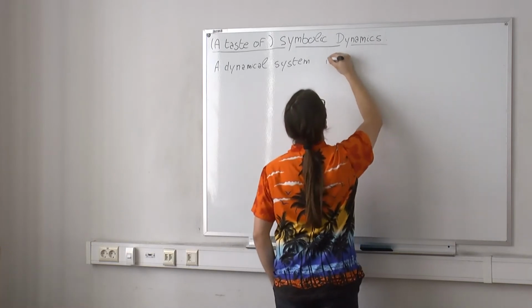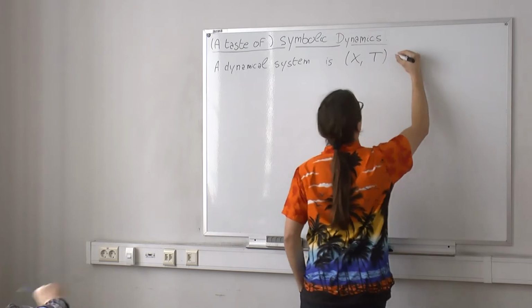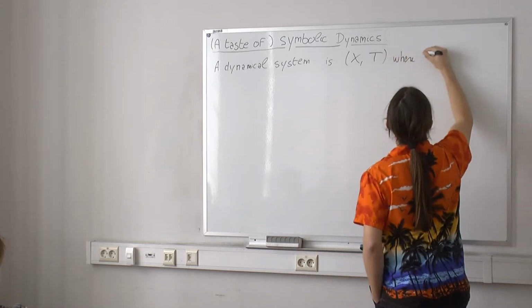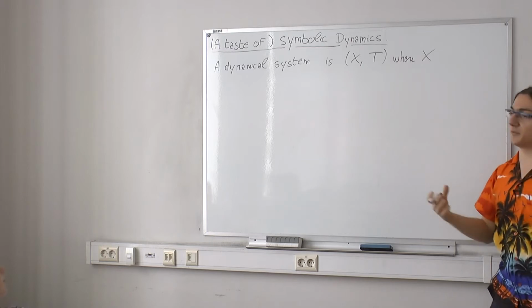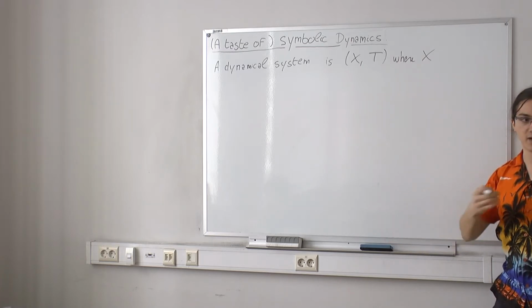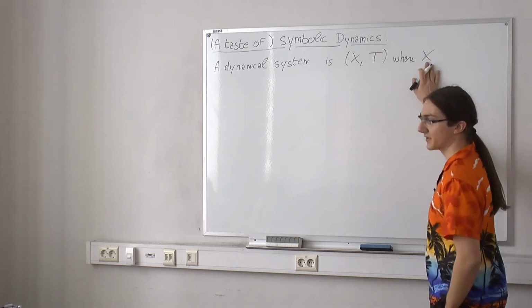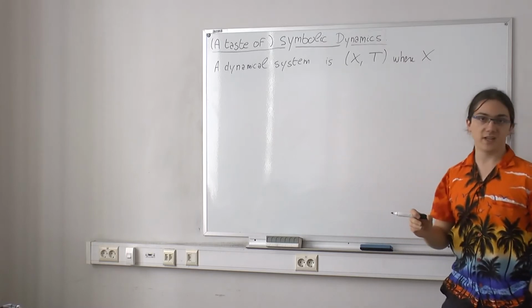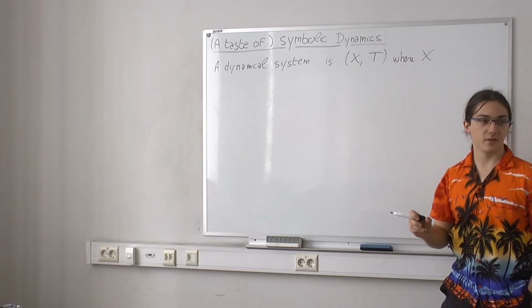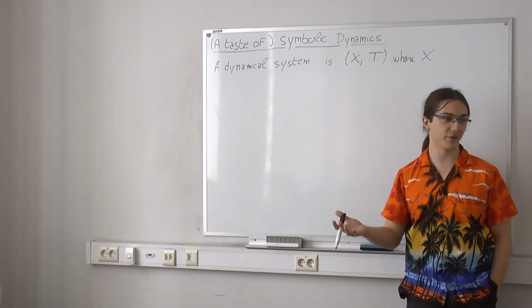Here it's a couple (X, T), where X is a set. Intuitively, it is the set of states in which your system can be. So at a given point of time, what your system could be. This is the set of all possible states of your system. It has no reason to be finite. In full generality, suppose you're modelling some systems in physics, for instance some particle.